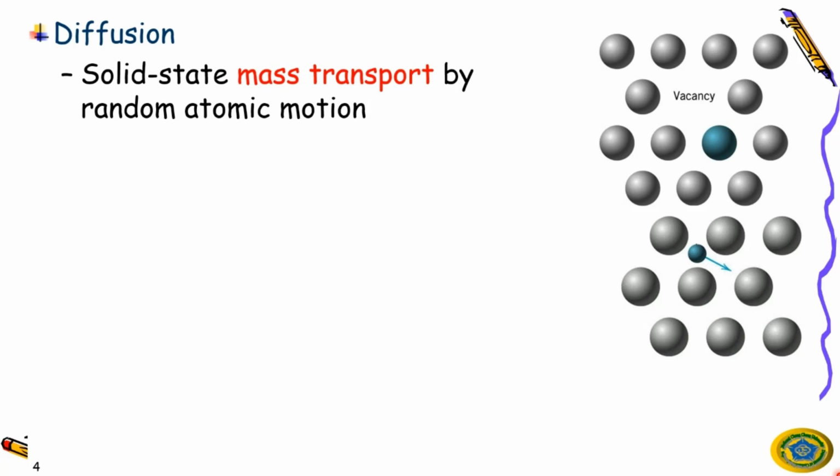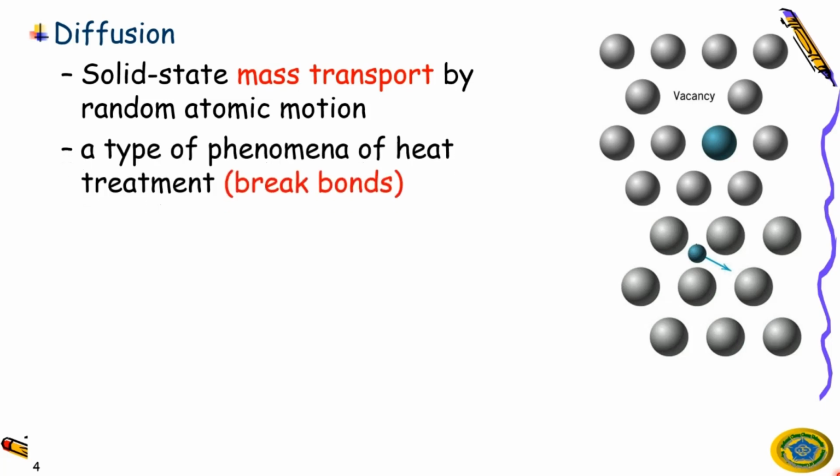So this is a kind of diffusion, but liquid to liquid. Today we are going to talk about solid to solid. Diffusion is solid state mass transfer by random atomic motion, a type of phenomena in heat treatment.